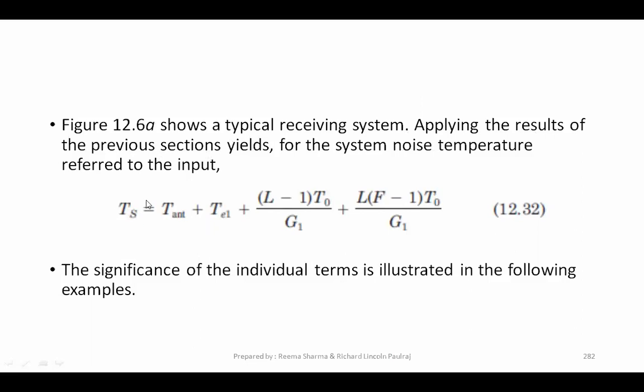Your system noise temperature is the antenna's noise, plus the noise temperature TE1, plus (L minus 1) T naught divided by G1, plus L into (F minus 1) T naught divided by G1. So loss due to system and loss due to noise are both taken.